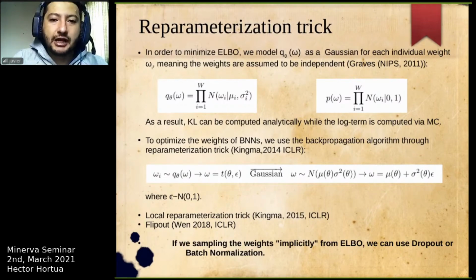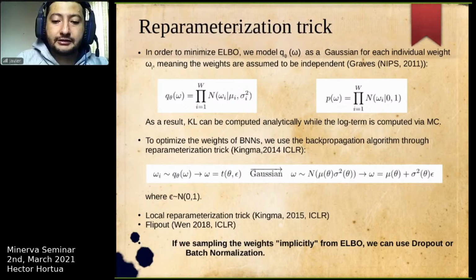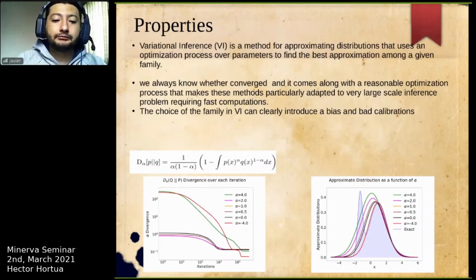In this case, you can reduce the variance of the estimation. And again, as I said before, there are other methods in which you don't need to explicitly define the prior or the posterior. Dropout or batch normalization methods implicitly contain this kind of prior or posterior, so you don't need to make the distribution of the weights explicit.